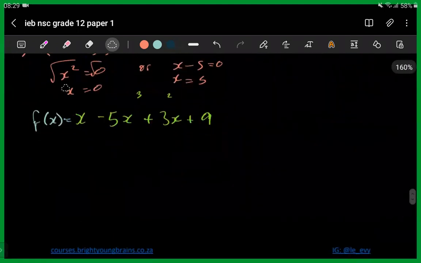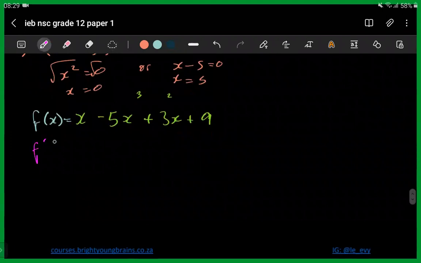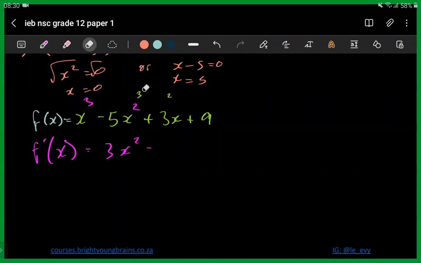So differentiating once to get our gradient equation, you're going to have 3x squared minus 10x plus 3. You know that you want a gradient where the x value is 5.